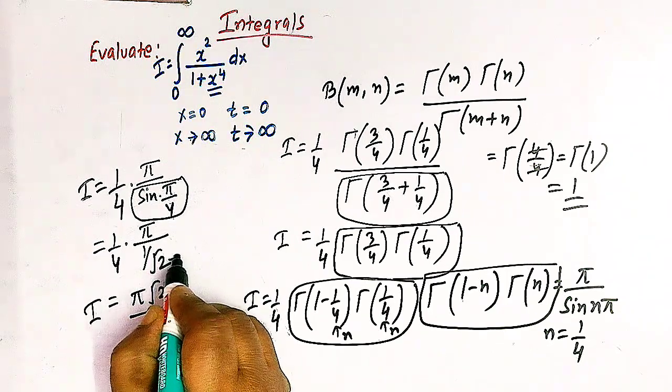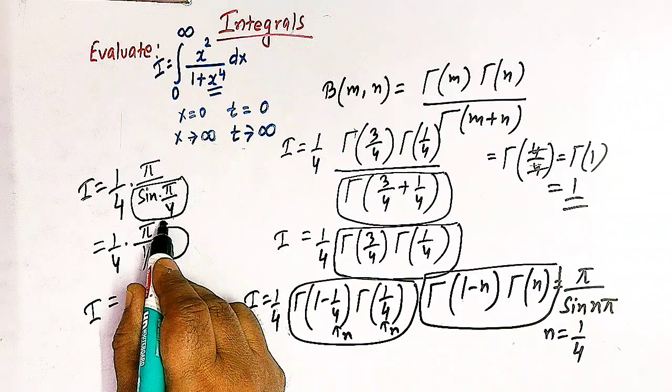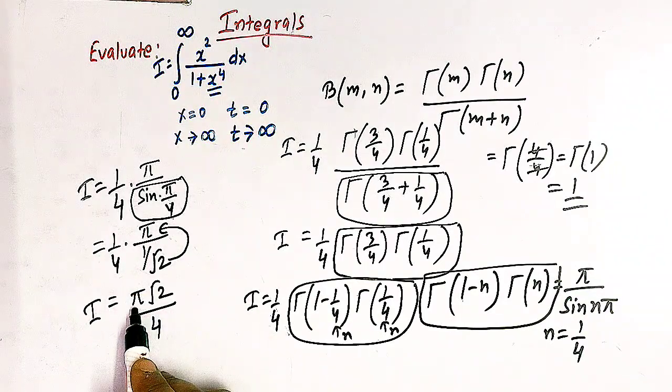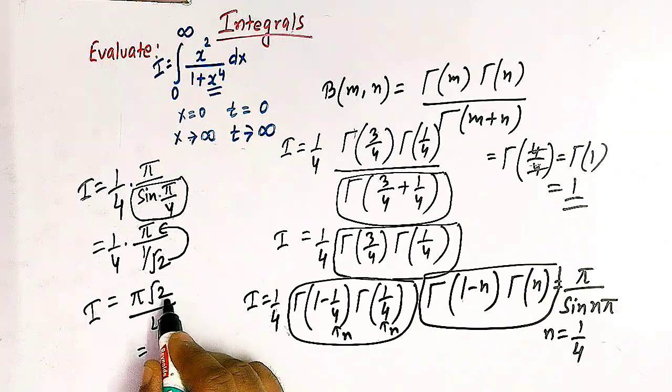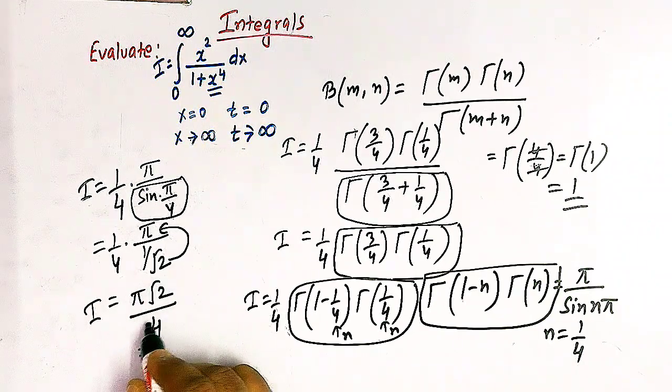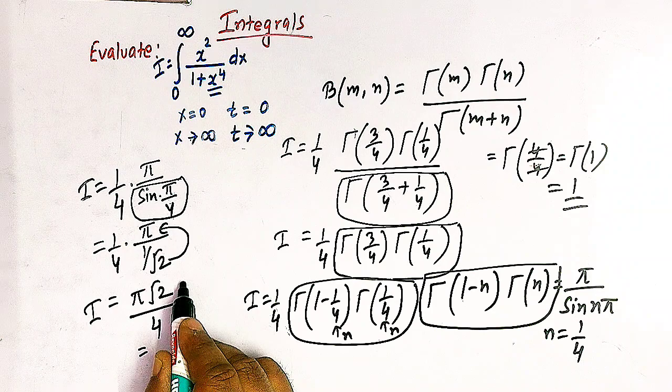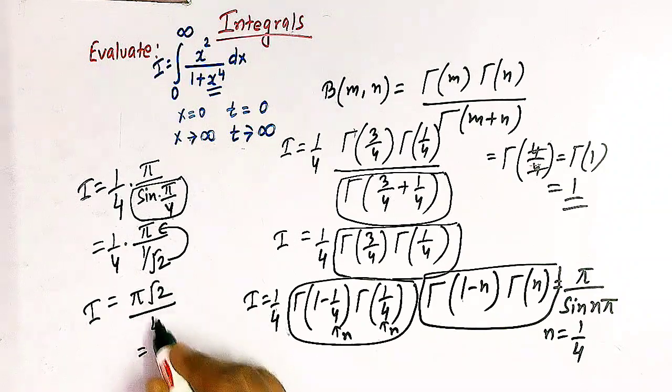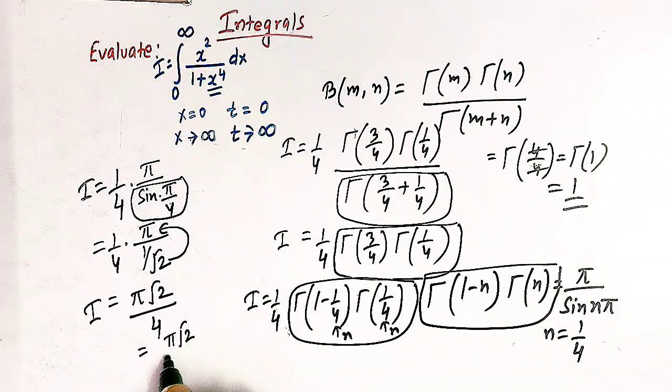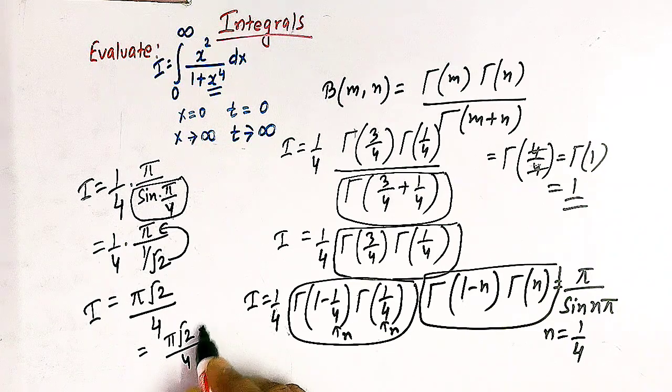So taking square root of 2 to the numerator, we have pi times square root of 2 over 4. Now we can rationalize this expression by multiplying the numerator and denominator by square root of 2. So we have pi root 2 over 4 times root 2 over root 2.